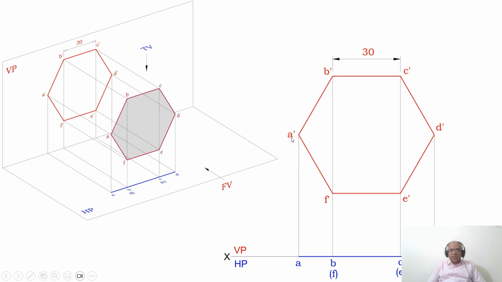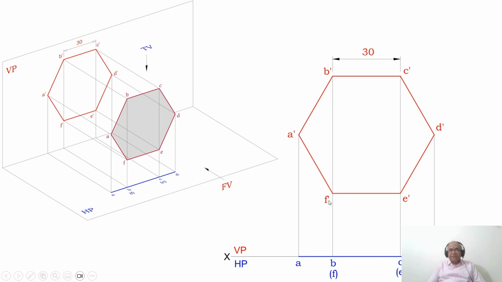Then I need to project each of these points from the front view to the XY line. I will draw a vertical projector from A dash to the XY line, similarly from D dash, similarly from B dash, F dash and also from C dash and E dash. As you look from the top view, A, B, C, D is visible.